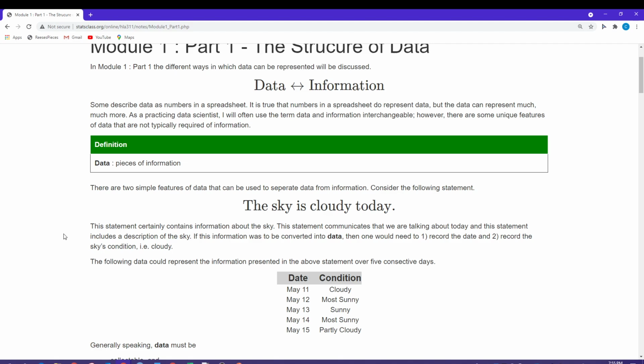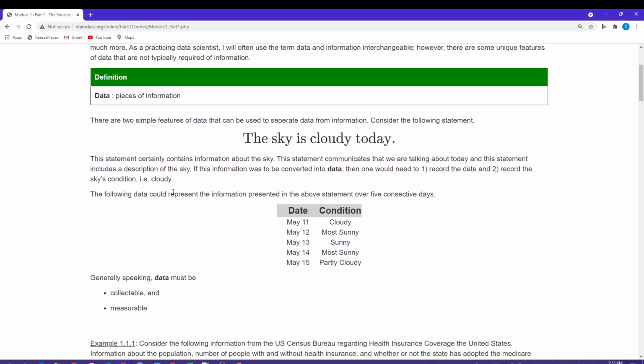There are two simple features of data that can be used to separate data from information. So before getting into that, let's consider the following statement here. The sky is cloudy today. Okay, that statement definitely contains information about the sky. It communicates that we're talking about today, and it also gives a description of the sky, which happens to be cloudy here.